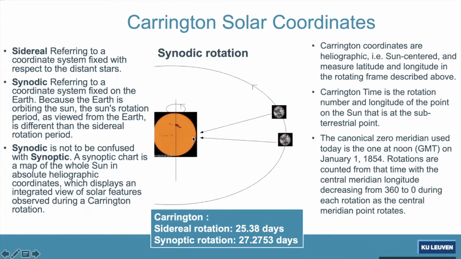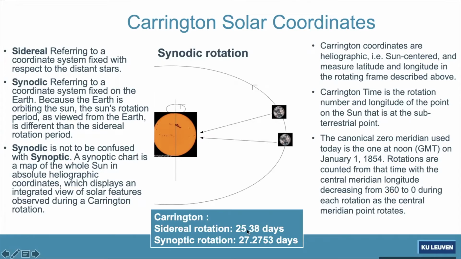So the time it takes for one point to come back in our line of sight depends on the rotation of the sun, but also on the motion of the Earth. So the rotation of the sun on itself, the pure rotation, is called sidereal. Sidereal means with respect to the faraway stars. The synodic means that it's what is seen from the Earth. So the synodic rotation is different from the sidereal rotation.